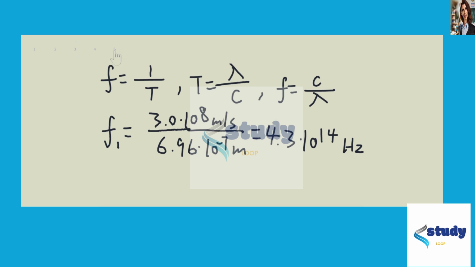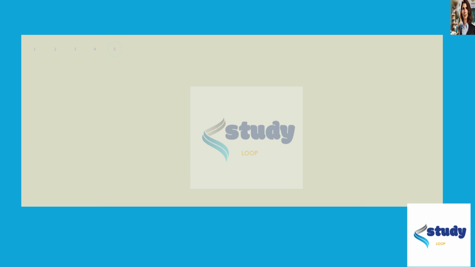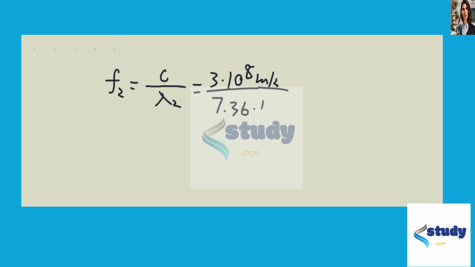So f2 is equal to c over lambda 2, which gives us 3 times 10 to the power of 8 meter per second divided by 7.36 times 10 to the negative 7 meter, and that will give us, let's see, 4.08 times 10 to the power of 14 hertz.